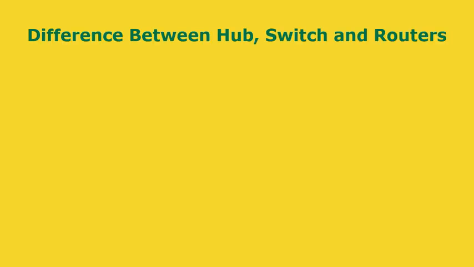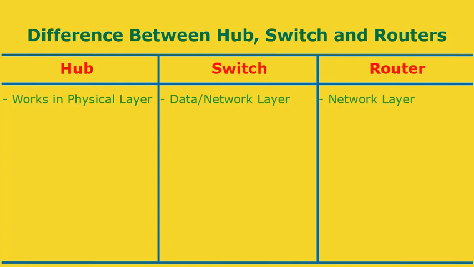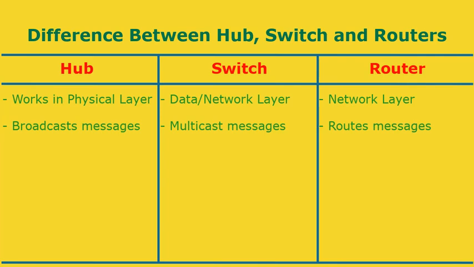Many times you would be asked to differentiate between hub, switch and router. So let's go over some of the points here. A hub works in the physical layer of the OSI model, while a switch works on the data link layer. A router works on the network layer of the OSI model. A hub broadcasts messages while a switch multicasts messages. A router actually routes messages.